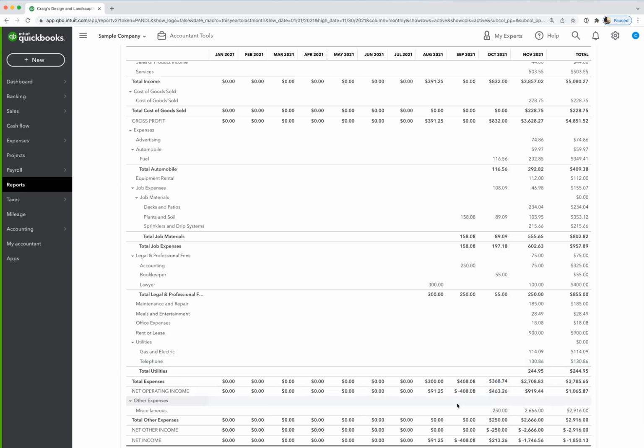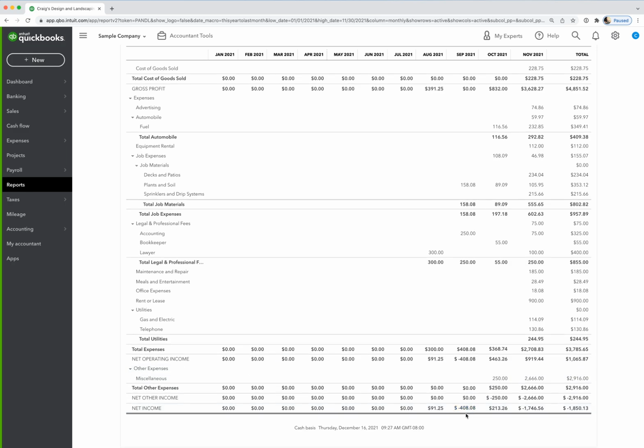There may be a couple small items in either other income or other expenses. Usually there's not a lot for a small business. And then that gets you to your total net income. This is also your profit. So, of course, very important to understand how profitable you are or months that you have a loss. So we're getting a lot of information from this report.